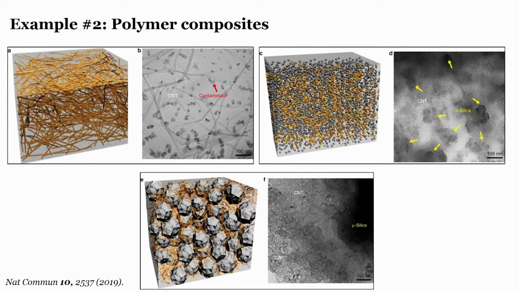The first example was a polymer composite which contains polymer and nanofibers as filler material. These nanofibers, as you see, are electrically conducting filler materials, which are carbon nanotubes here. In the second structure, we introduced small silica nanoparticles which are insulating. And in the third figure, we found that they have introduced larger silica particles.